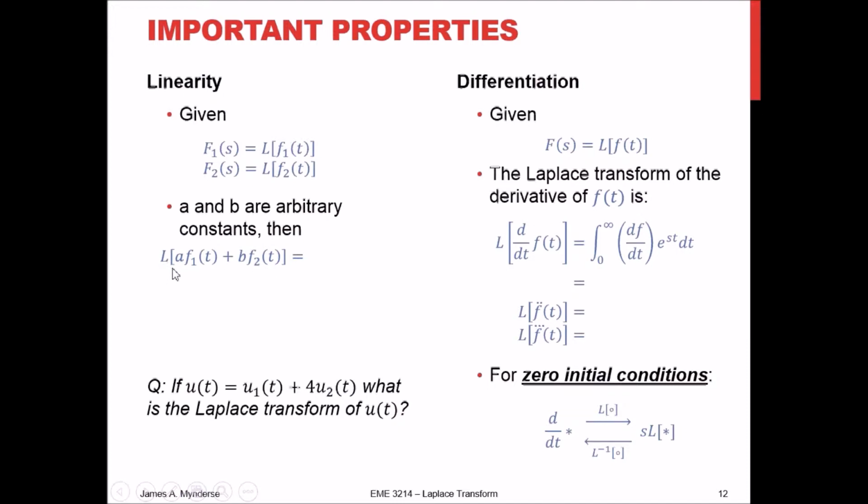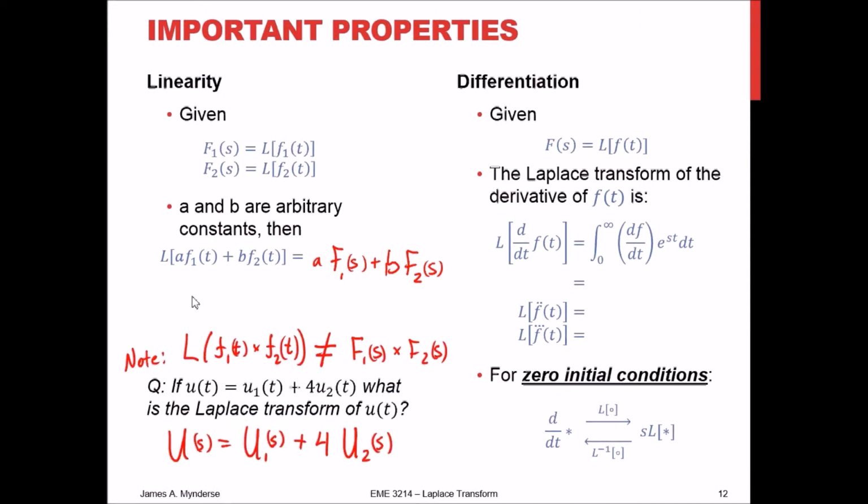So if I take the Laplace transform of some combination of these functions of time, a f1 plus b f2, then the result will be a times the Laplace transform of f1 plus b times the Laplace transform of f2.